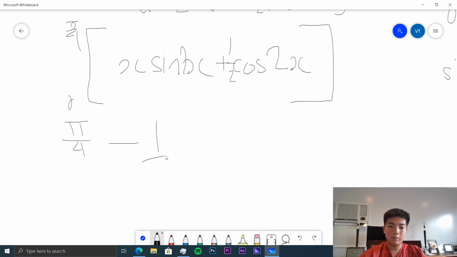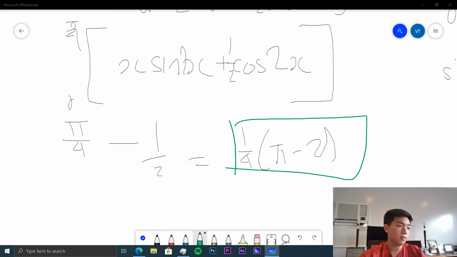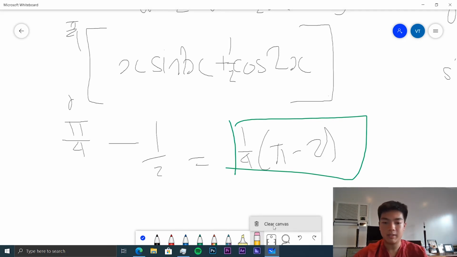So this is minus 1 over 2. So this is equal to 1/4 times (pi minus 2) as the mean. Yeah, cool. Okay, and so on to the last question.